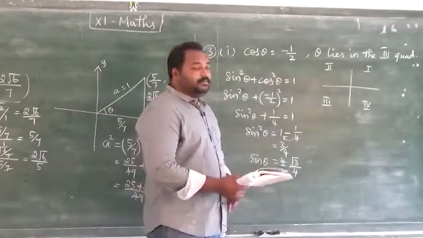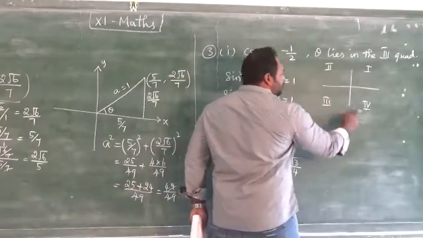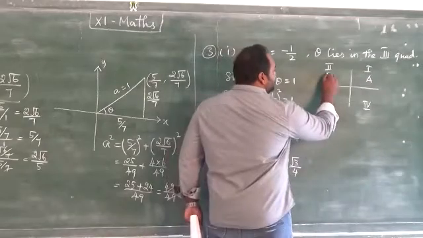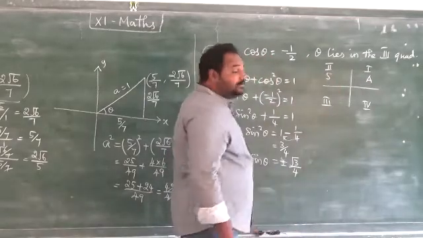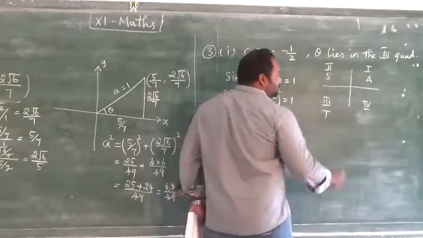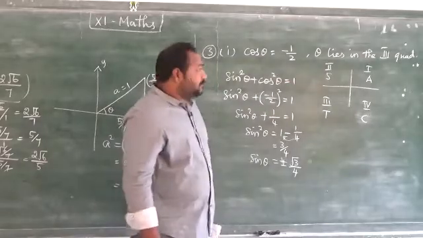It will be easy for understanding. So first quadrant, second quadrant, third quadrant, fourth quadrant. First quadrant, all are positive. Second quadrant, sine and its reciprocal positive. Third quadrant, tan and its reciprocal positive. Fourth quadrant, cos and its reciprocal positive.